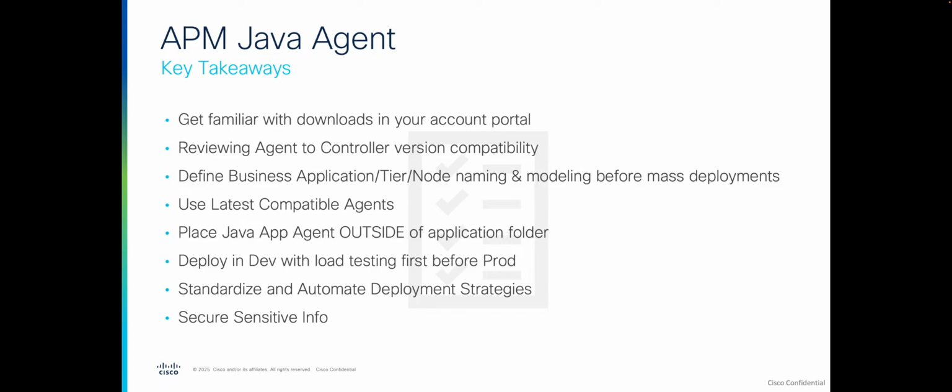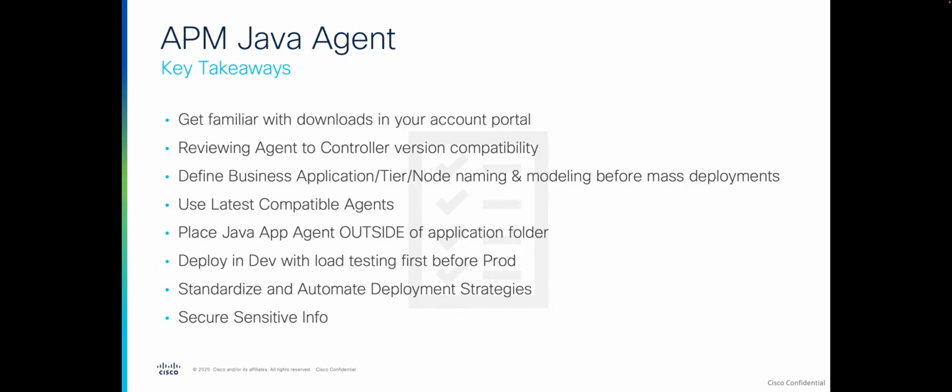So make sure that you're familiar with compatibilities. Make sure that you like the standard and you're able to follow the standard for your application, tier, and node naming. So maybe you want all caps, maybe you want it hyphenated, maybe you want everything separated by underscores, whatever the case may be. Make it something meaningful to your company.